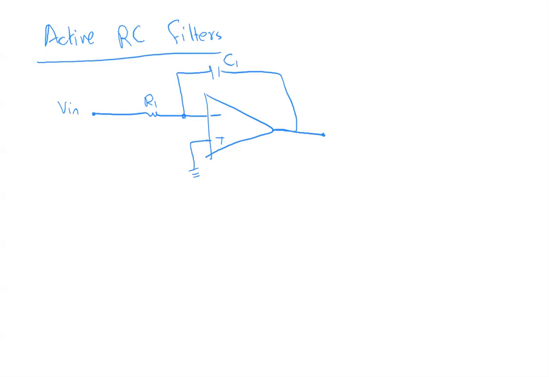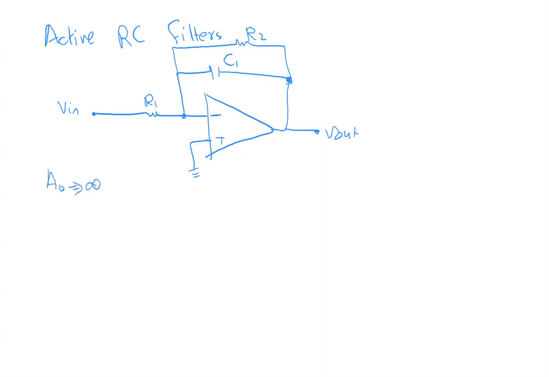It's basically the integrator circuit that we discussed last time. Now, if I have a resistor further here, excuse my drawings, and this is V out, and let's call this R2. Now, assuming that A0 is infinity, we again can simplify the problem.